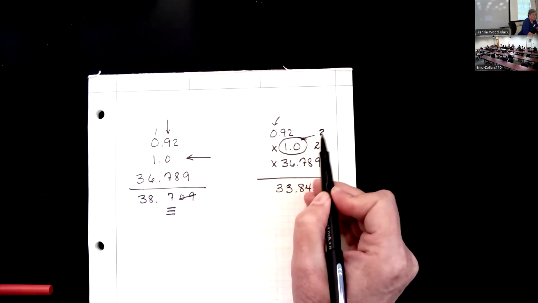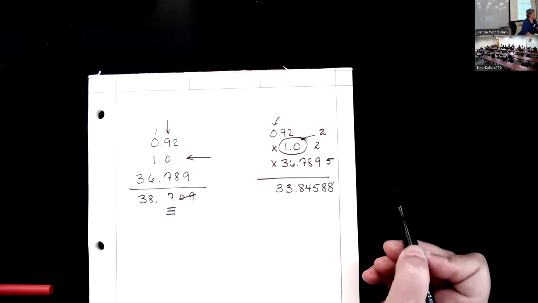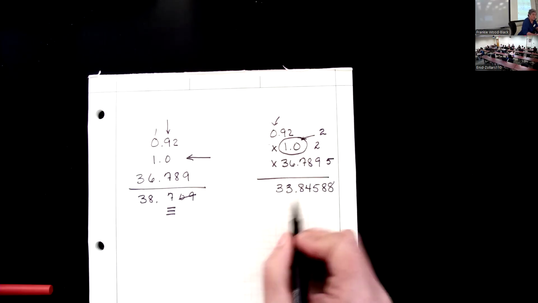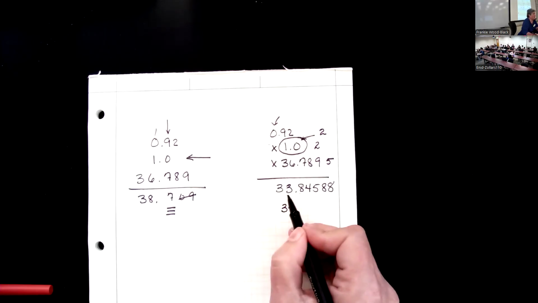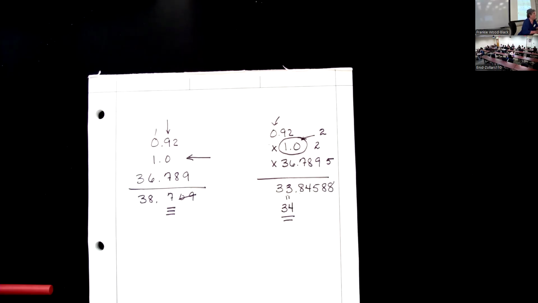This has 2 significant figures, and this has 5 significant figures. I have to go with the lowest number of significant figures. So my answer in this case is going to be 34 because I round the 8 up, and that's the number I would report with its units, of course, because all of our numbers are going to have units.